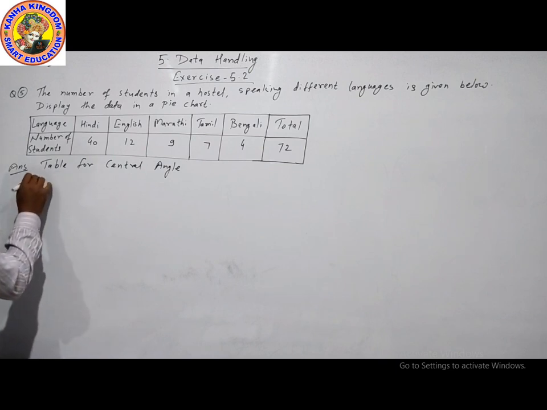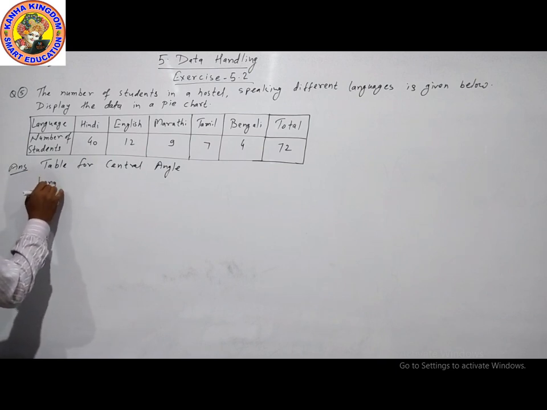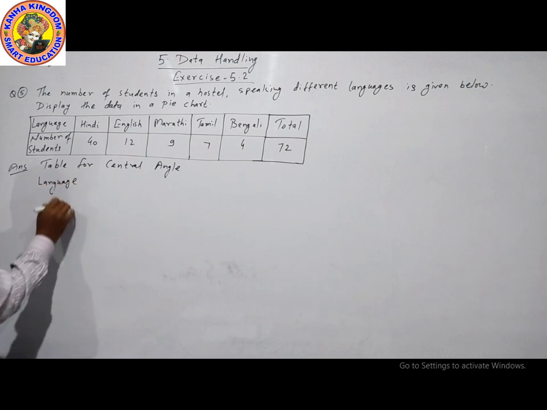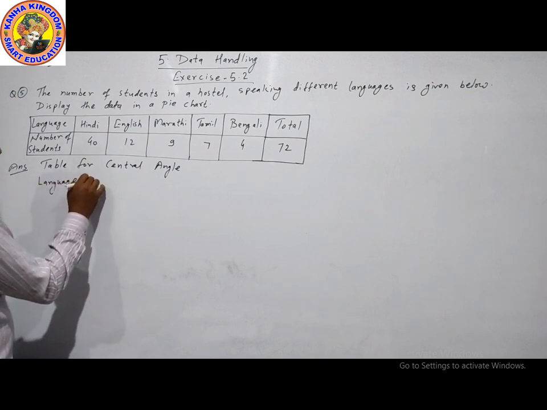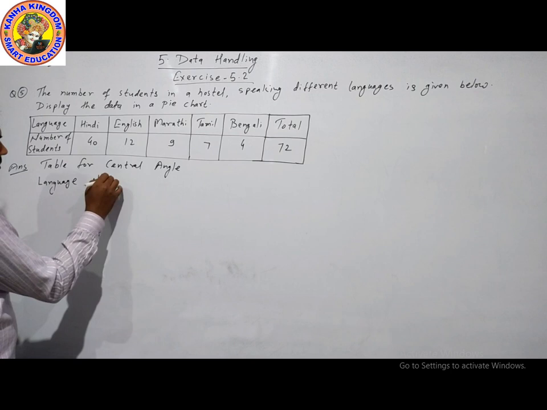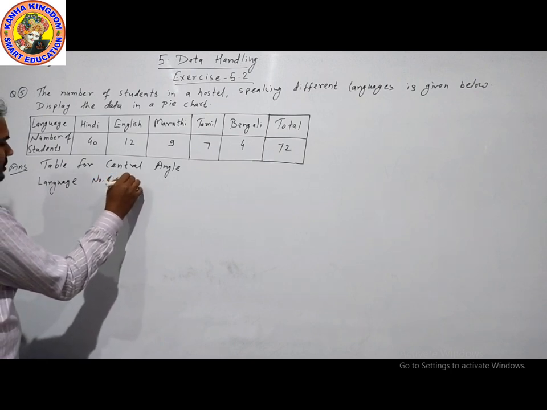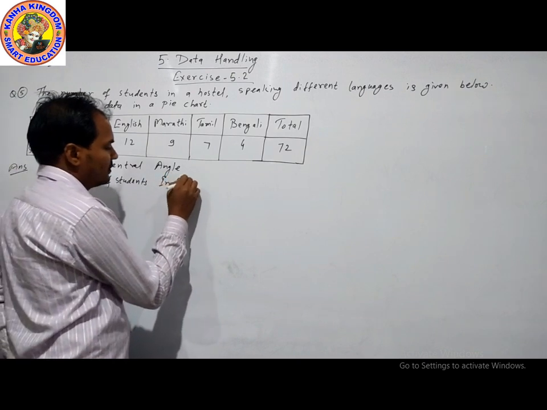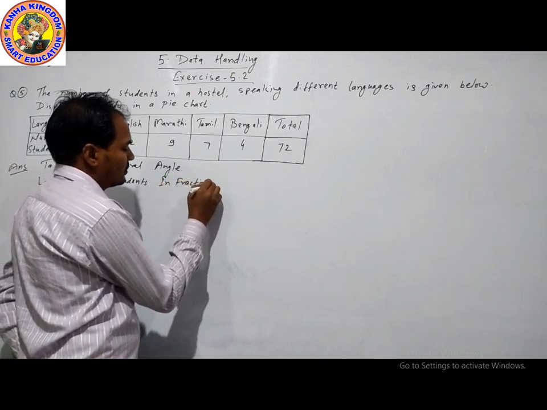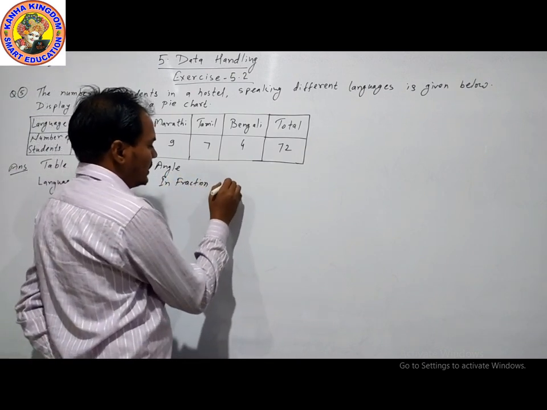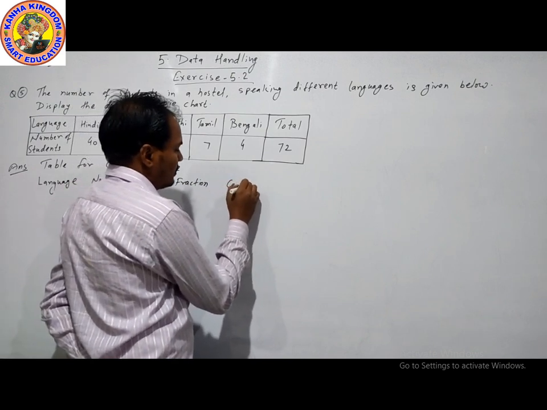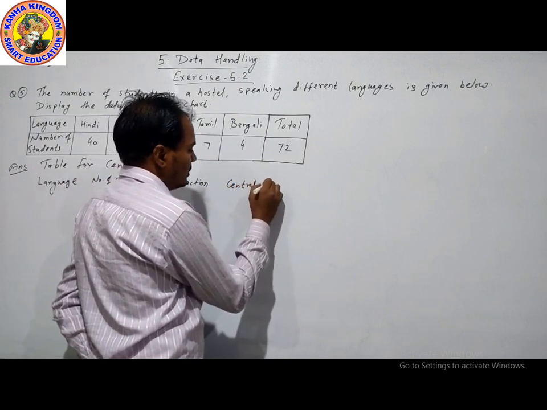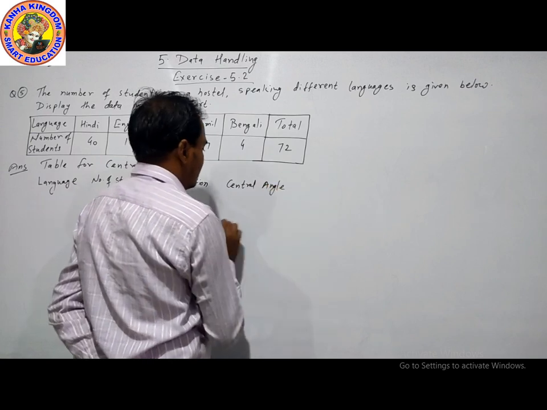In this, first column is language, second column is number of students, third is fraction, and fourth is central angle.